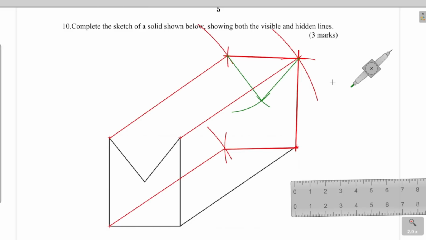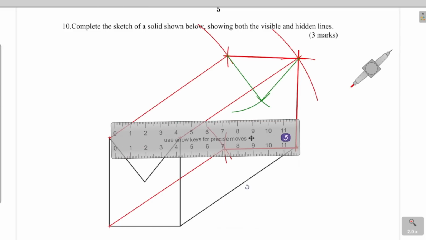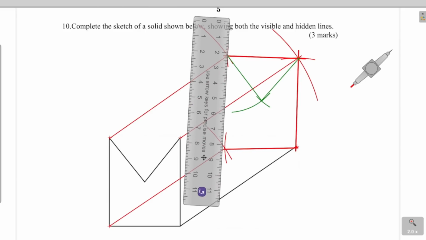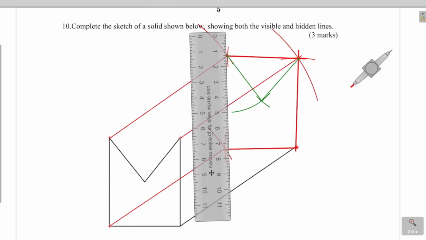So I think the only thing that is remaining is a line that joins this point, and draw this line here at the back. So from this point to that point there. Let me use a ruler for that. So we need these.